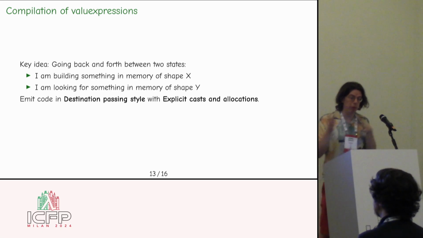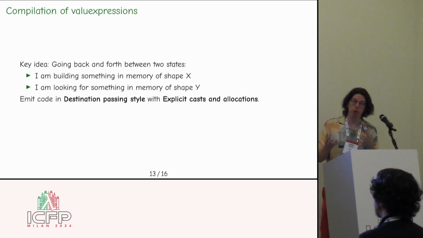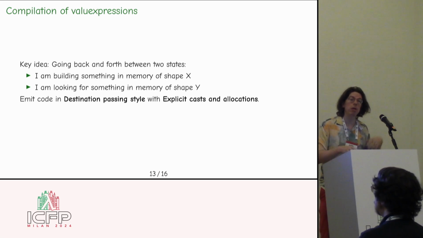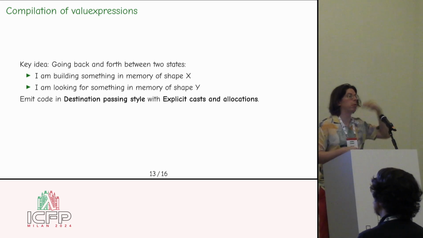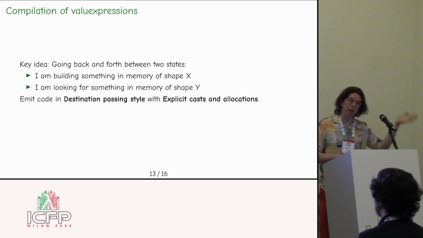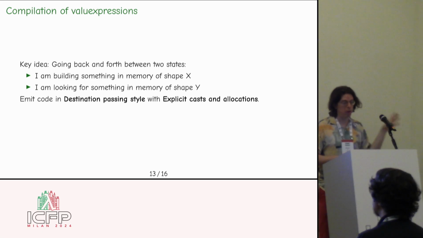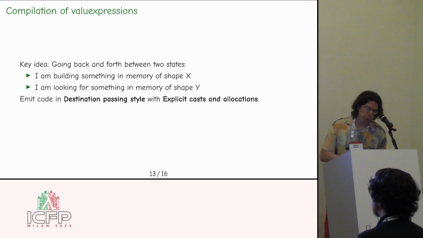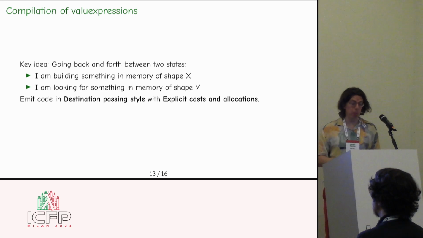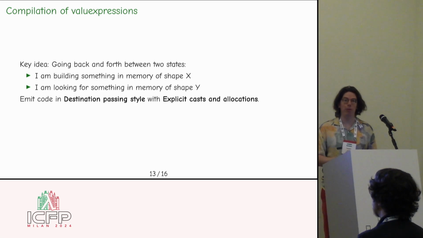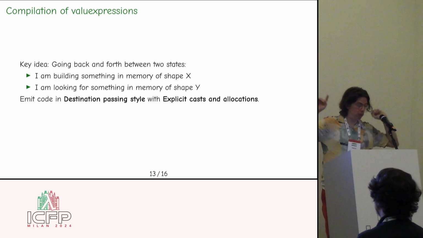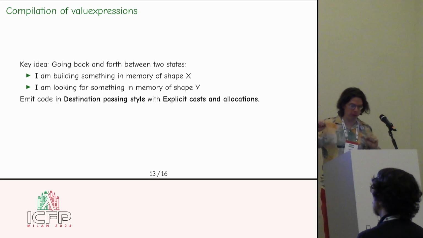And so I'm going to move to a second state. I am looking for something in memory of a given shape. And then I'm going to look inside the various pieces that I have, my different binders and all that, find the pieces and put them at the right position. And so we emit code in destination passing style. You saw destination passing style in the previous slide, conveniently.